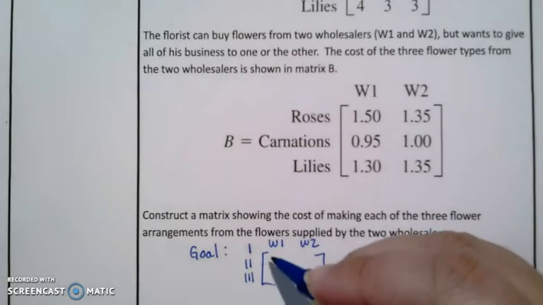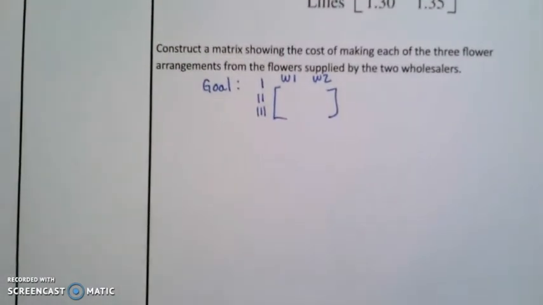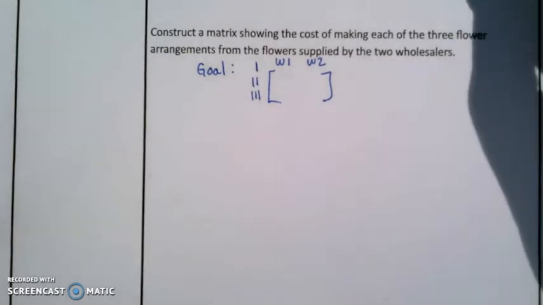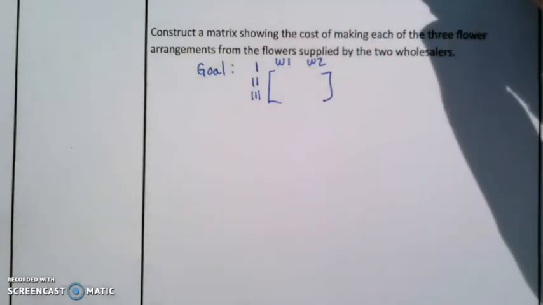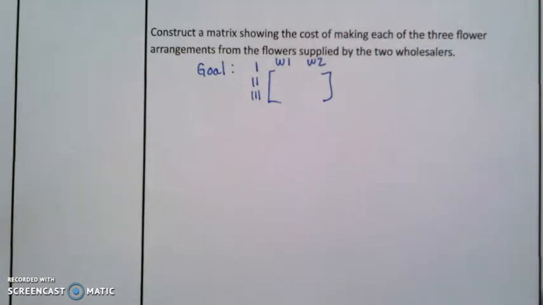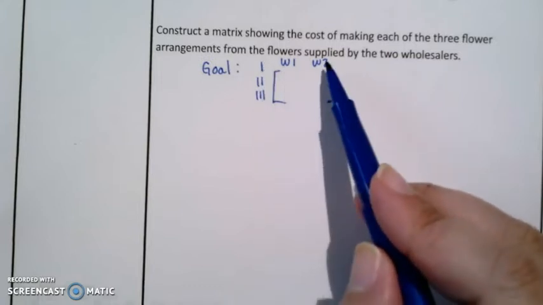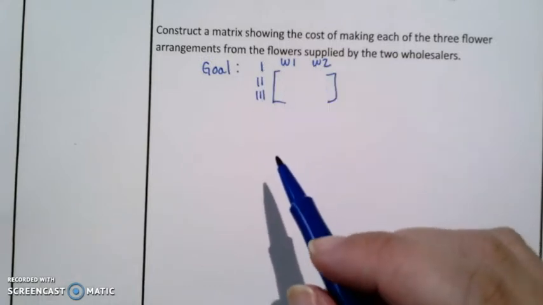So we kind of want a 3 by 2 matrix, okay? So if we look at what we have right now, we have the types of flowers by arrangements and the types of flowers by wholesaler. But in order to get my arrangements by wholesalers, we'll have to change matrix 1, okay?